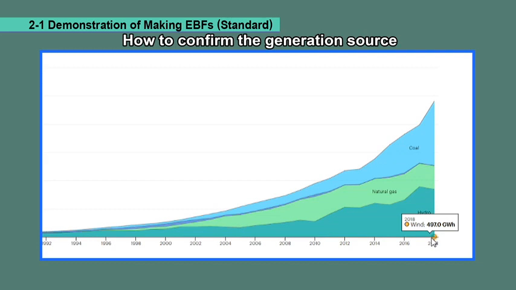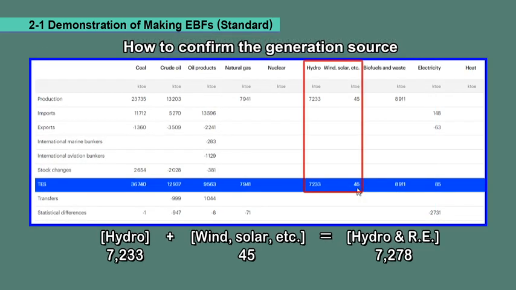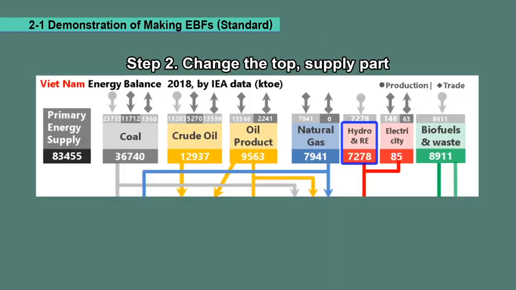Going back to the main topic. In the case of wind, primary, secondary, and final consumption are the same. So, the sum of 7,233 and 45 is 7,278. This is the value to enter under hydro and RE. Next is electricity trade.